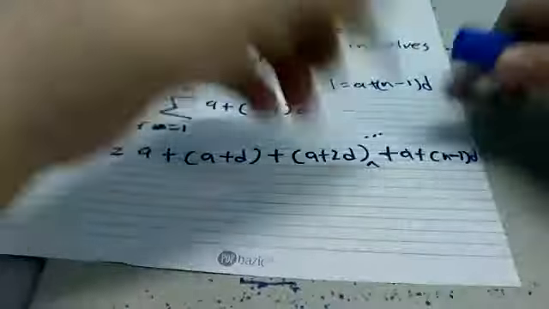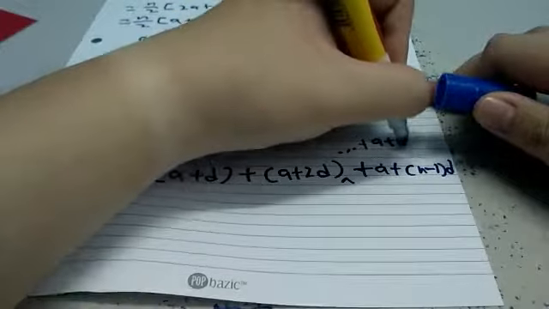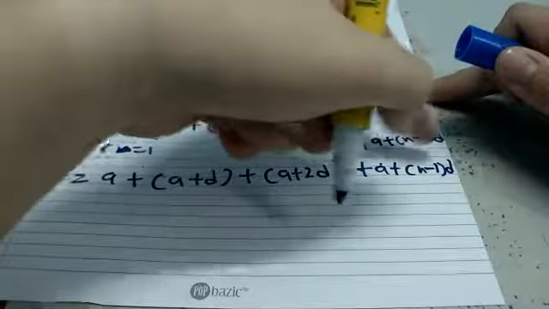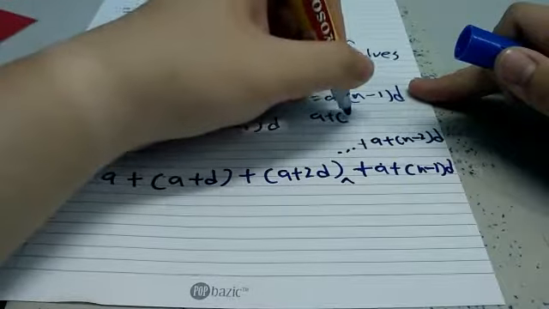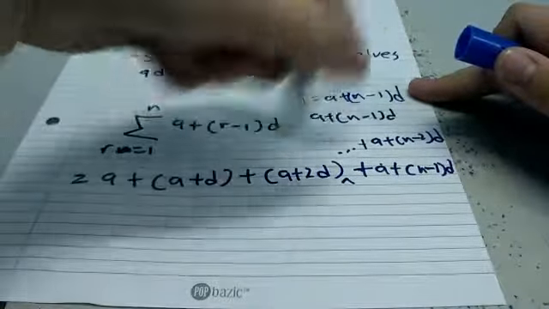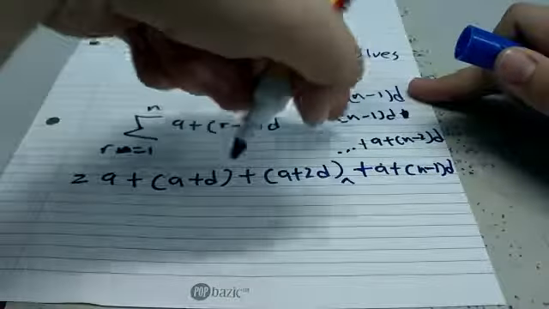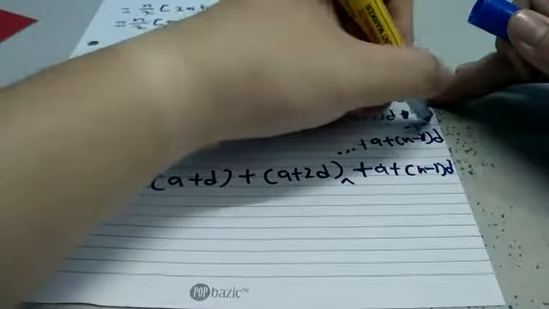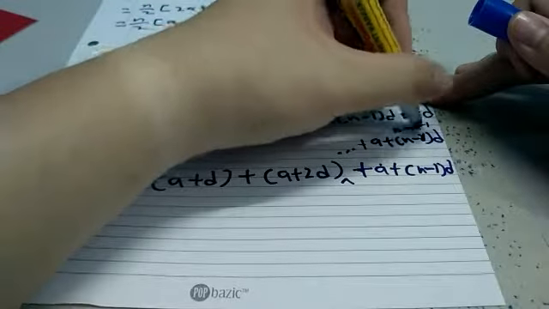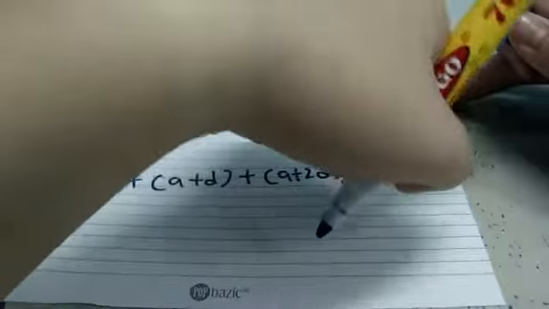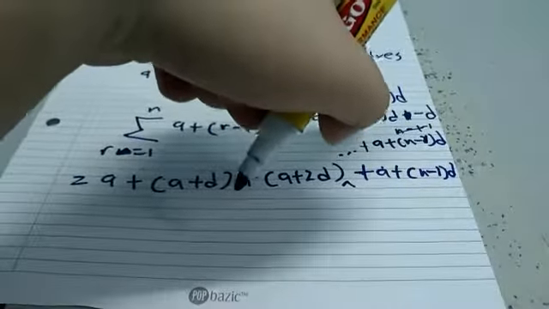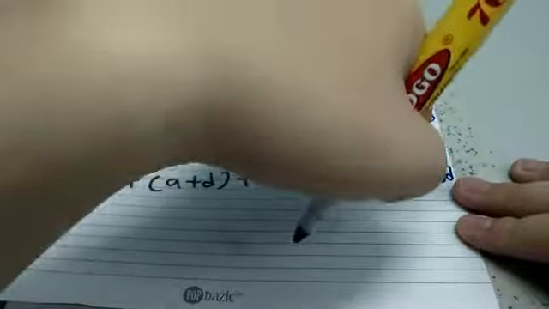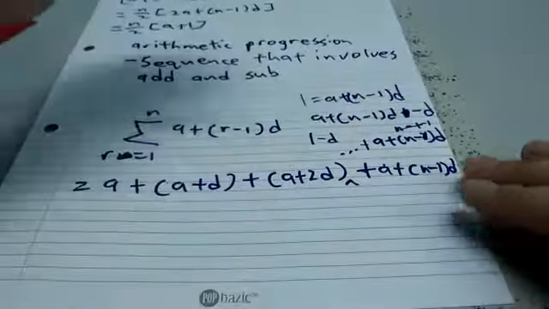So the previous term is a + (n - 2)d, and I'm going to expand this out, so I get a + (n - 1)d - d, which equals L - d.